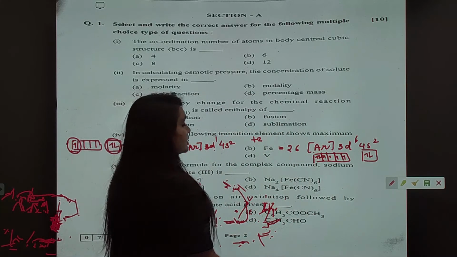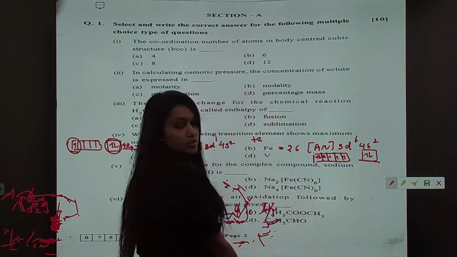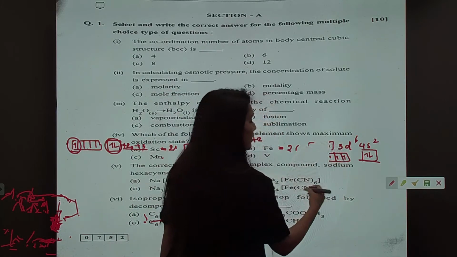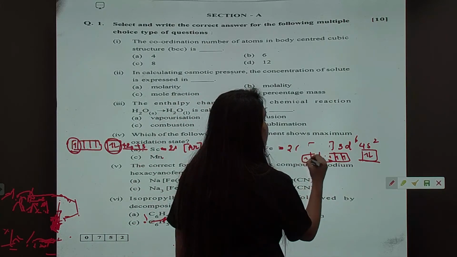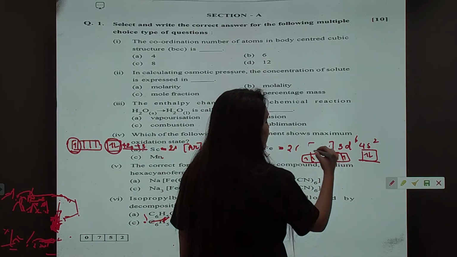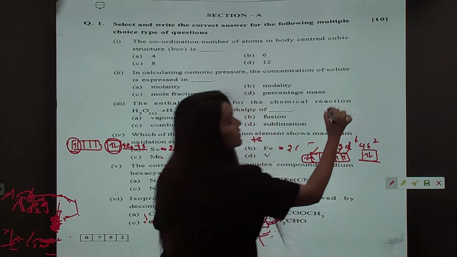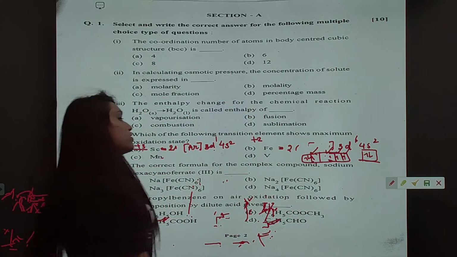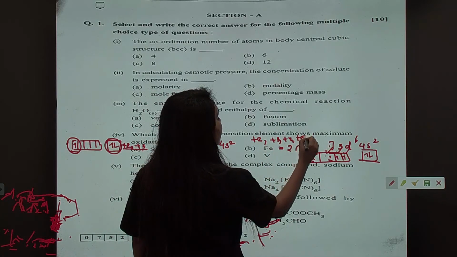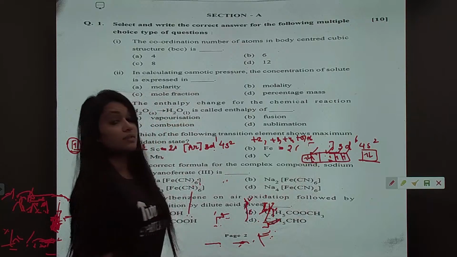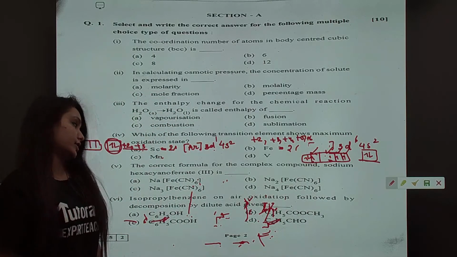Let's figure out the oxidation numbers. 2 already went from here, so +2, this will make it +3. Then another one is going to make it +4, then +5 and +6. So the oxidation states will be +2, +3, +4, +5 and +6. These are the possible oxidation states of Fe.